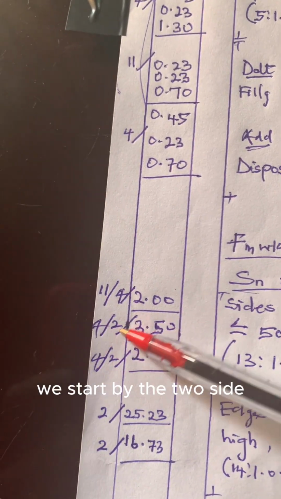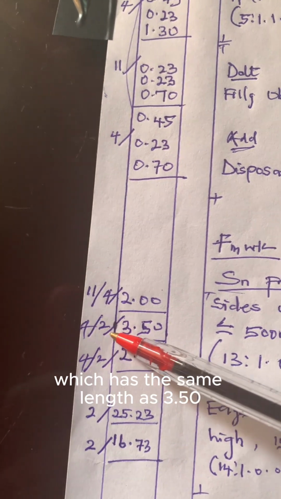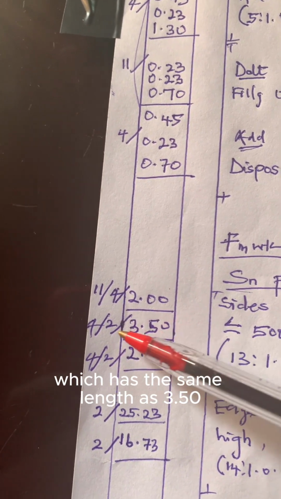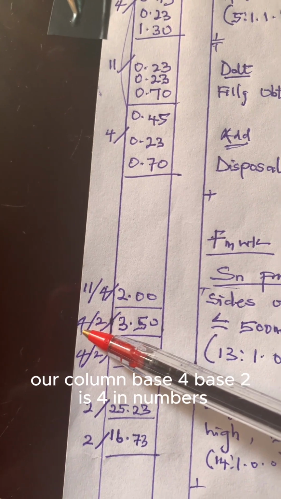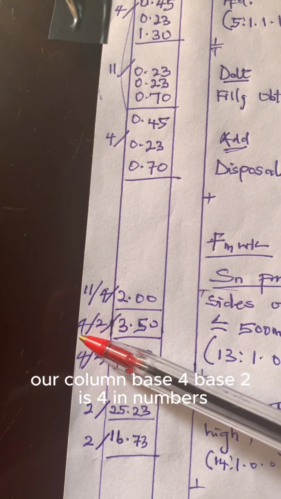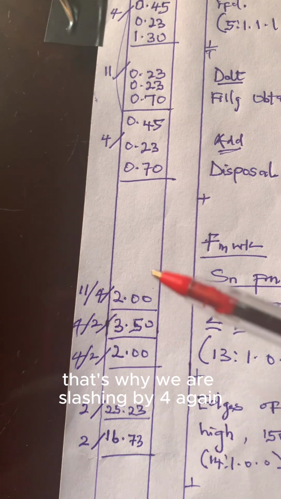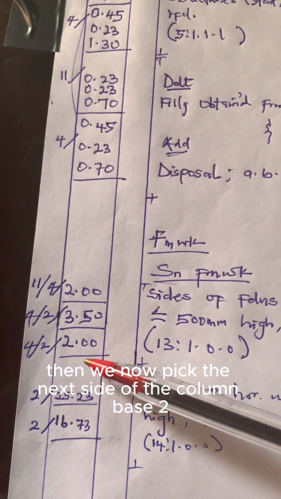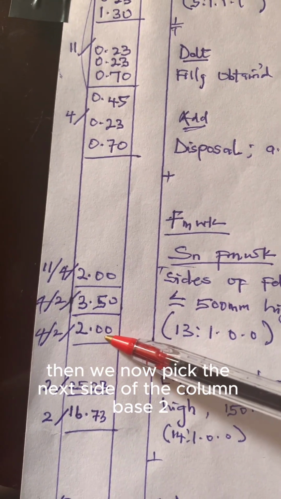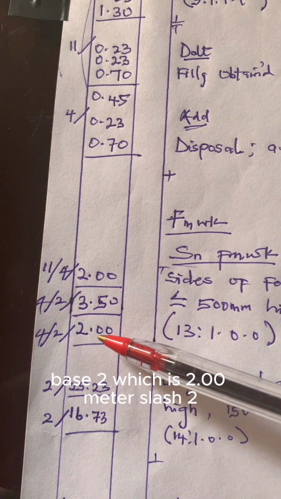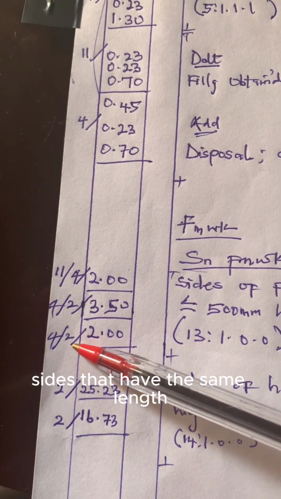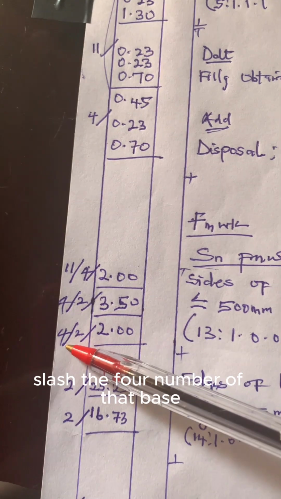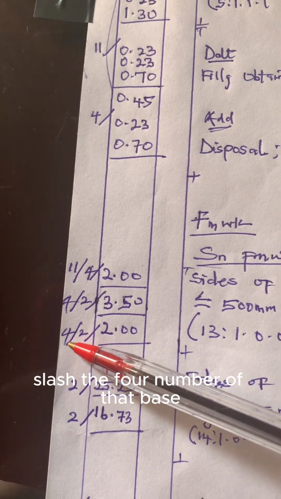We slash by the 2 sides which have the same length as 3.50 by the number of bases. Our column base 2 is 4 in number. That's why we are slashing by 4 again. Then we pick the next side of column base 2, which is 2.00 meter, slash 2 sides that have the same length, slash the 4 number of that base.